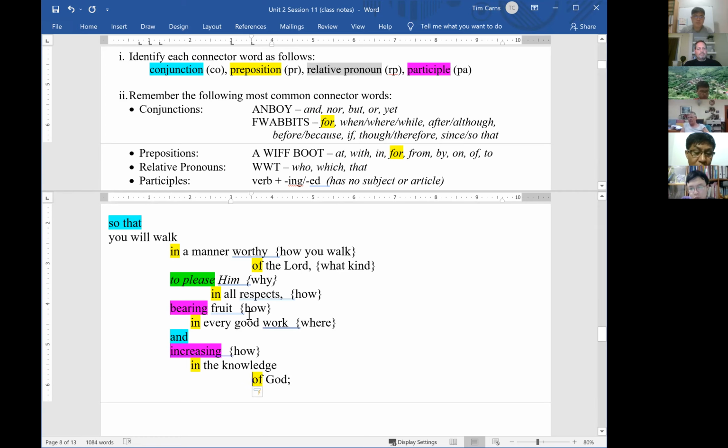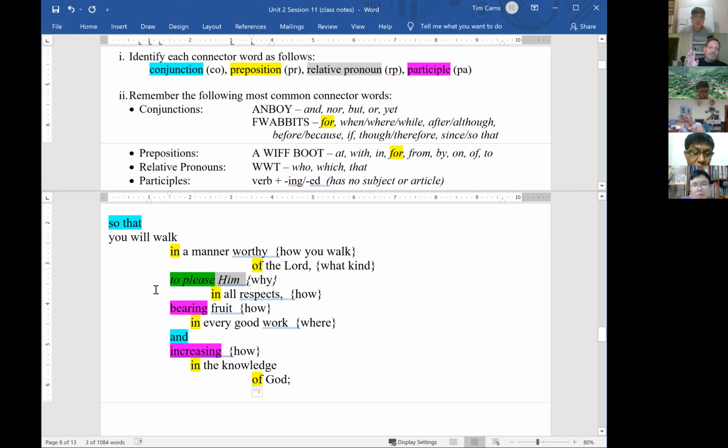All right. So here's what's interesting. There are three of these: in a manner worthy, bearing fruit, increasing. All are answering the question how. They're describing how you walk. And then inserted in that is to please him. Why?